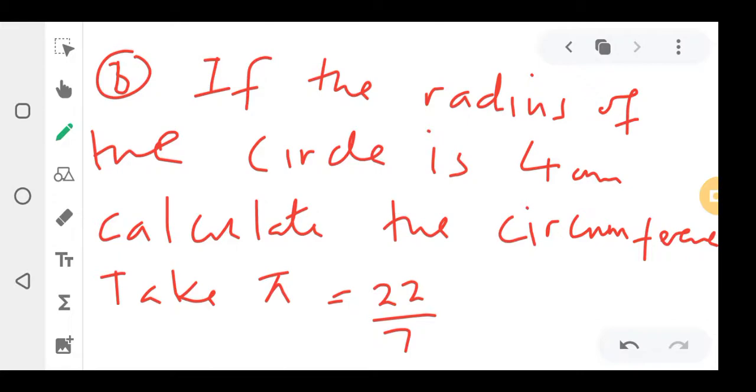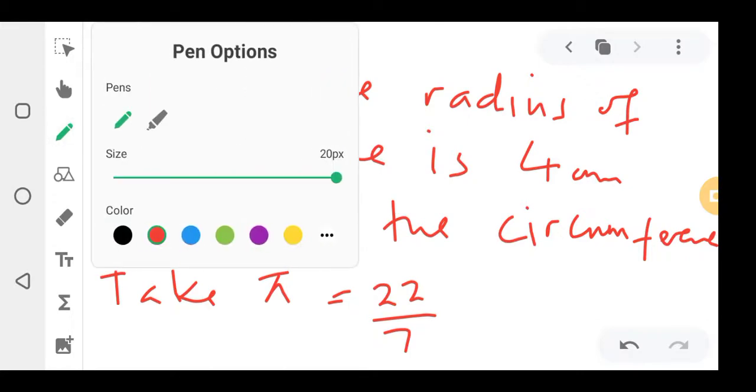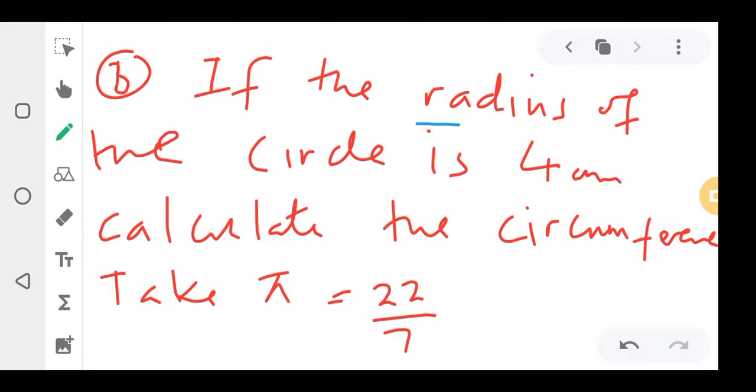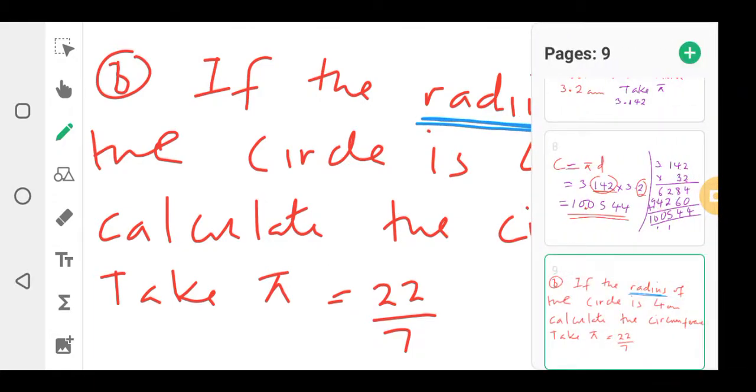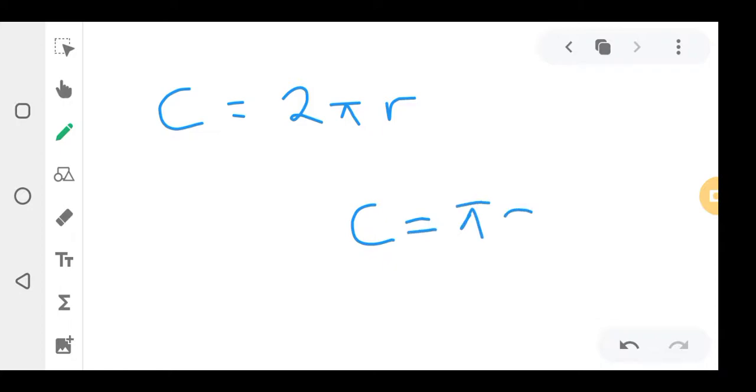Have you seen? This time they have not given you the diameter, they have given you the radius. So when you're using the formula, you use the formula that has got radius. So the formula for radius is circumference is equal to 2 pi r. You don't use that one for circumference is equal to pi d. You don't use this one. Okay?